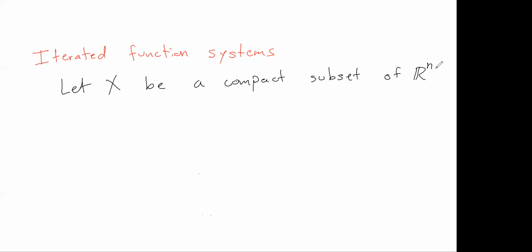You can just consider the real line or the plane R2. We'll give some examples in a second. And so we need that to start. And we need also a finite family of contractions on X.